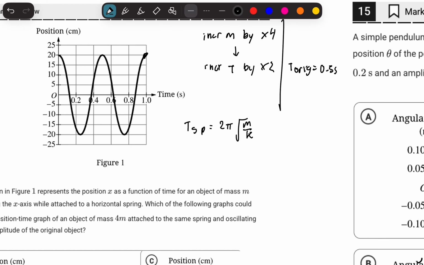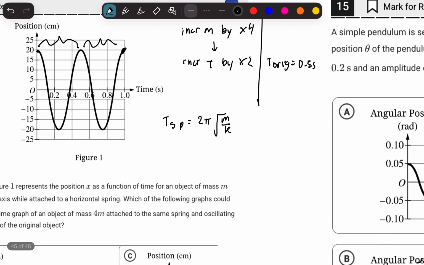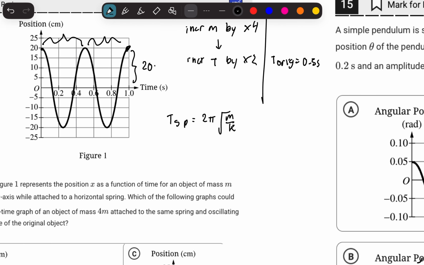So the original period was 0.5 seconds, and the graph indicates this with a period of 1 second. So we can see that for it to go from here to here, that was that, and the original amplitude was 20 centimeters. So 20 centimeters is equal to A.